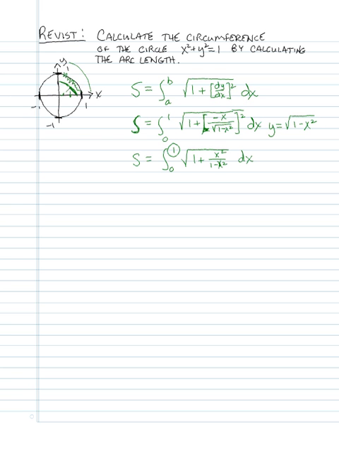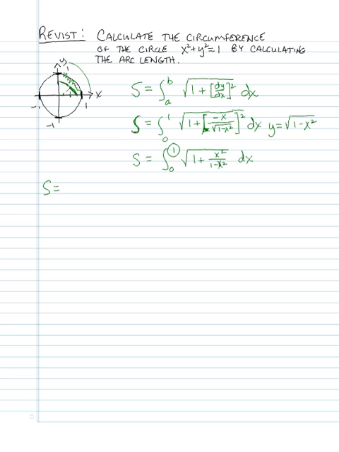Now, one of the things that we can do here, I believe, is let's simplify this radical before we move on. Okay, let's just do a little bit of work before we move on. So I'm going to move over here. We can write 1 as x squared over x squared, can't we?